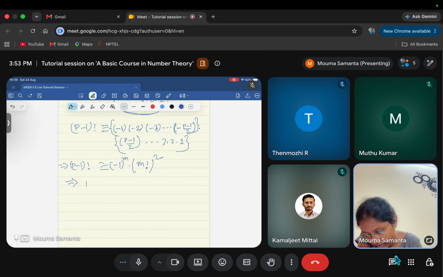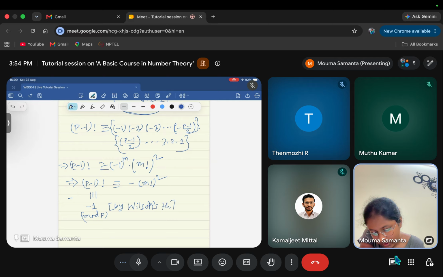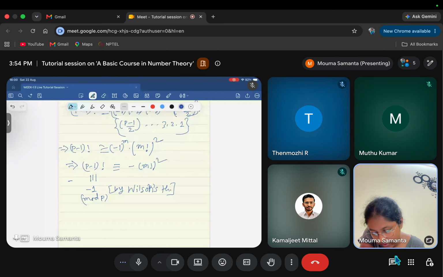So (p minus 1) factorial is congruent to minus m factorial square. Now the left hand side is congruent to minus 1 mod p by Wilson's theorem.